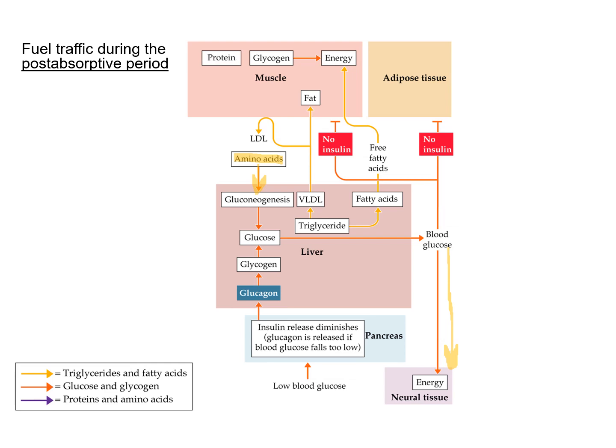Production of ATP. Here you see protein releasing amino acids to make available amino acids for the liver to produce glucose by gluconeogenesis.